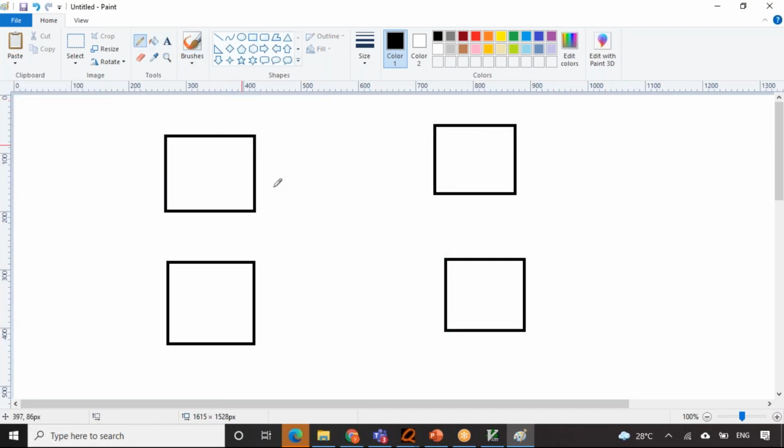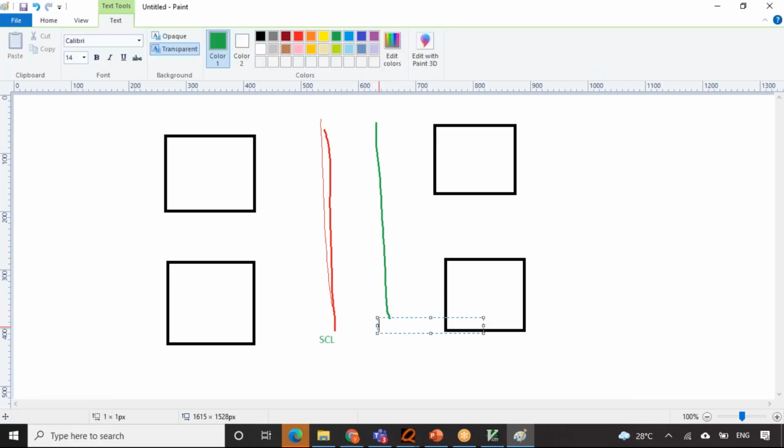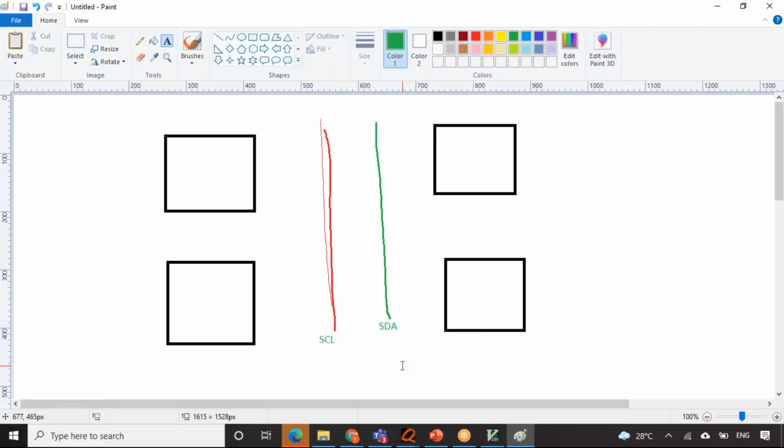All of them will have two wires. Basically, there will be 2 wires like this. What is this? SCL, serial clock line. Very simple.